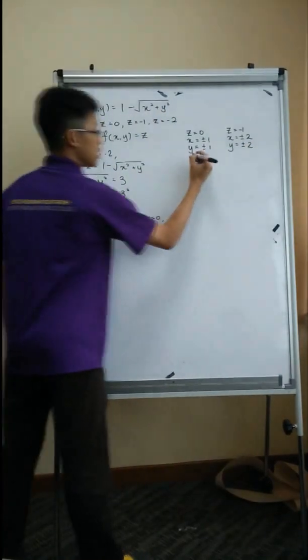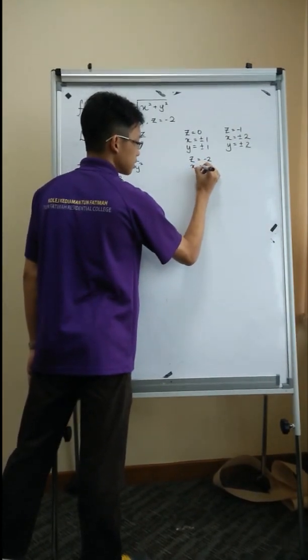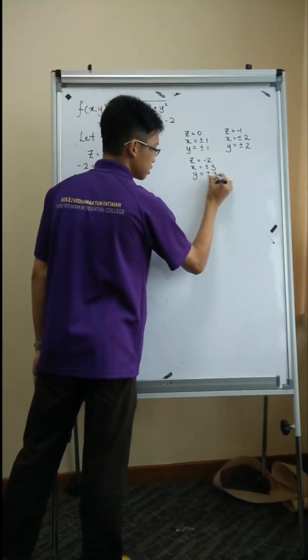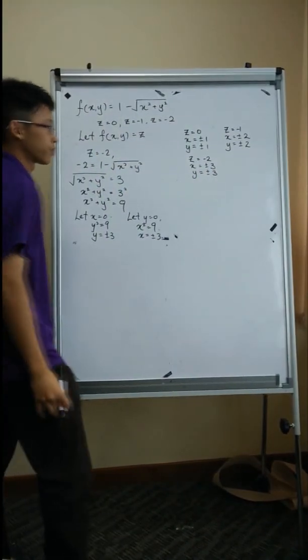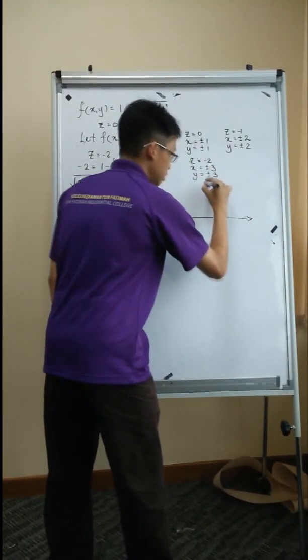Same thing, z equal to -2, x plus minus 3, y equal to plus minus 3. So we draw the 2-dimensional graph.